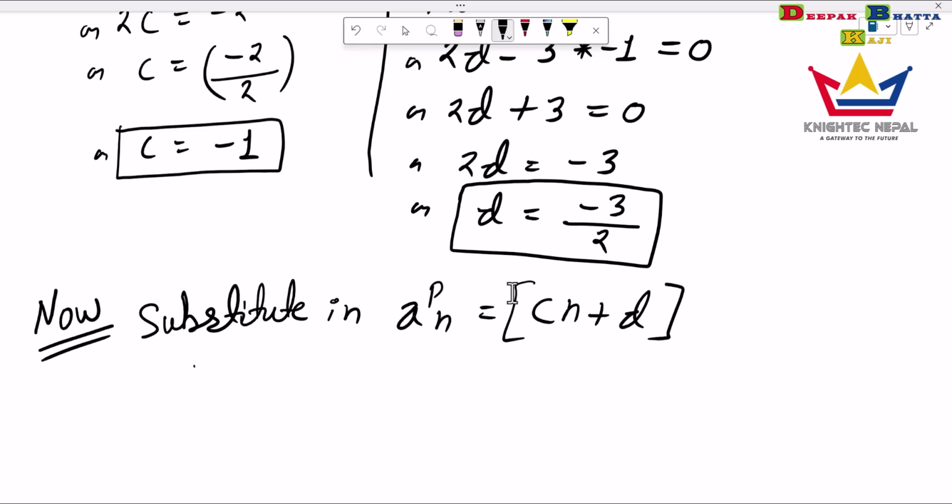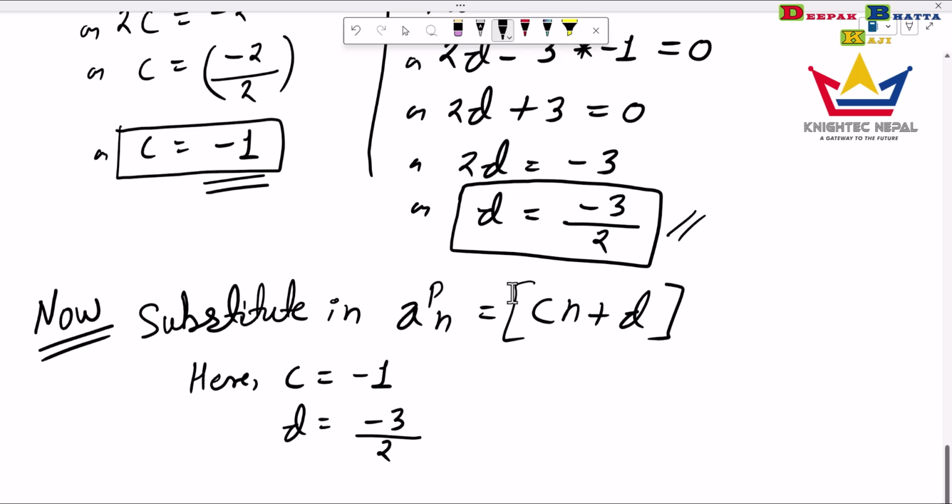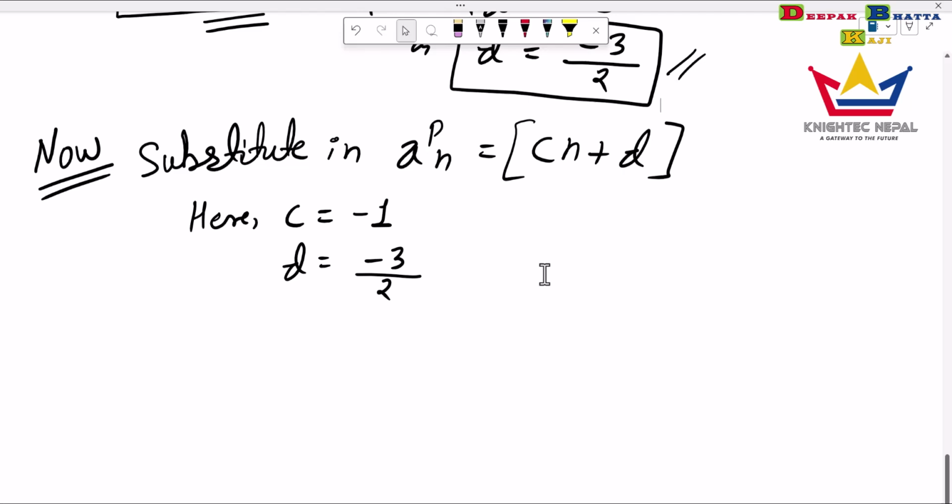Here C equals minus 1, and D equals minus 3 by 2, so this is the D part. So now, minus 1 n, here C is minus 1 and n as it is n, plus minus 3 divided by 2, so this is the D part.